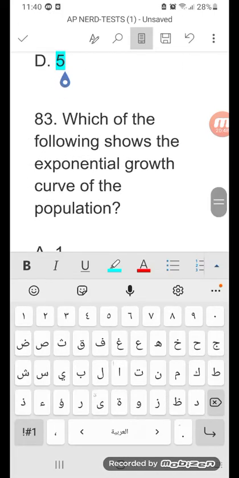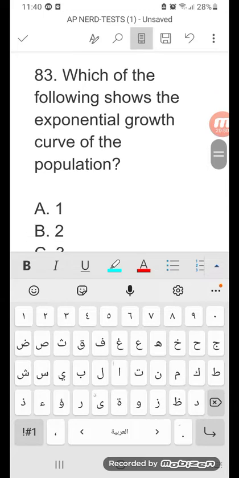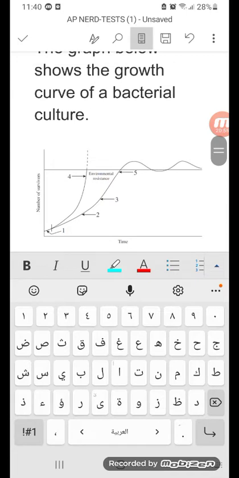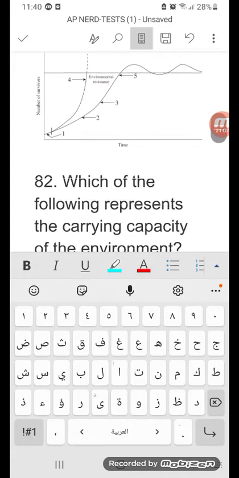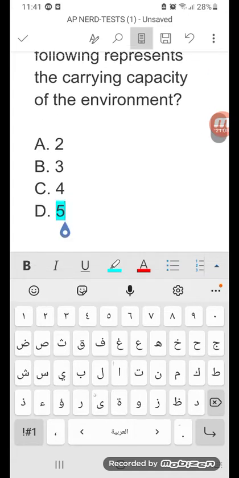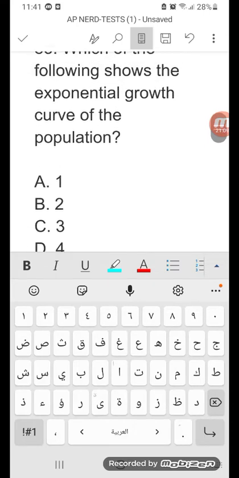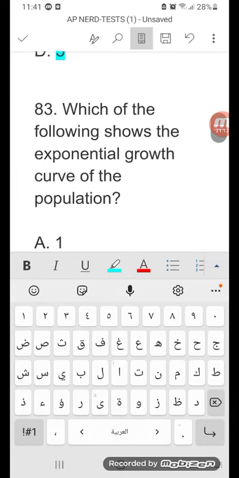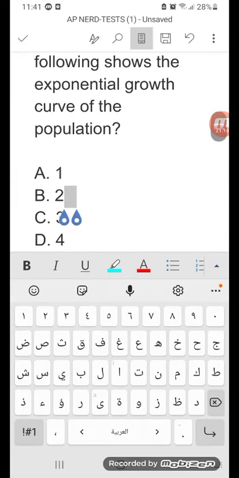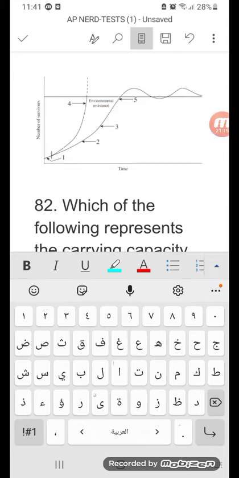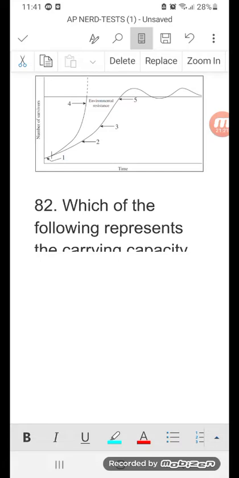Which of the following shows the exponential growth curve of the population? We have either 2 or 3. Oh, I'm sorry, I made a mistake. My bad.